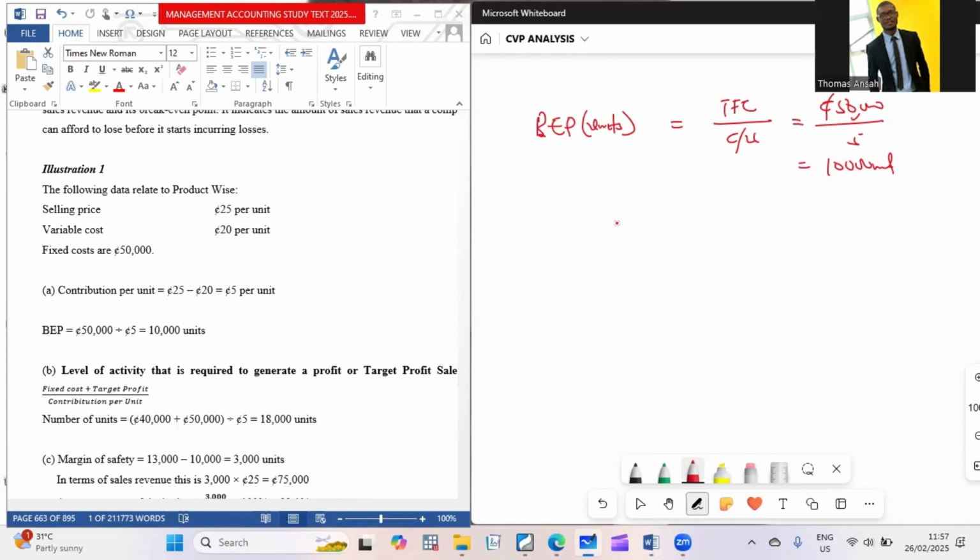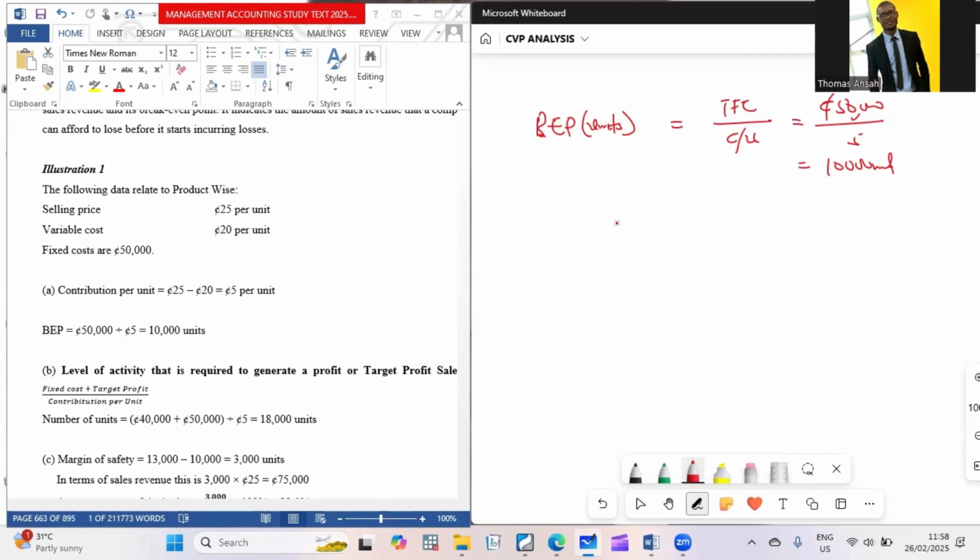Here you have to be given the number of units, so the examiner will have to give you the units so that you can get your total sales from there.